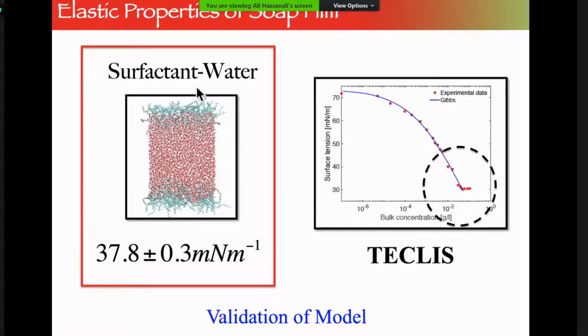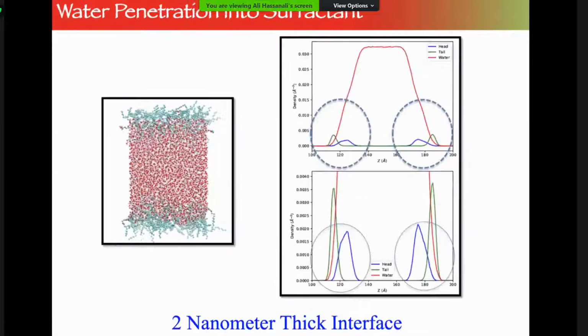This is something you can measure from the calculations. So this is the number that we get on the left. Our collaborators in SoFiA, Teklis, are able to measure the surface tension when you get to critical micelle concentration. And the agreement is quite reasonable. So this gives us confidence in what we're able to then extract from our simulations.